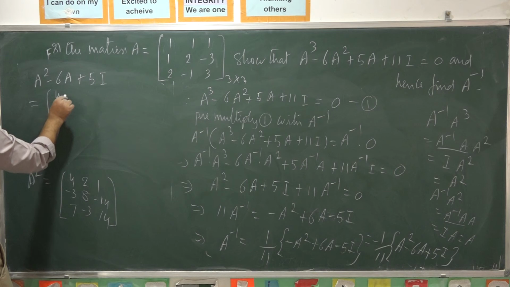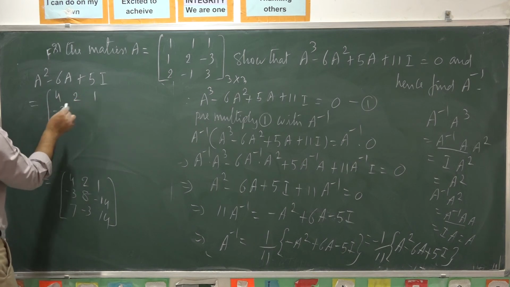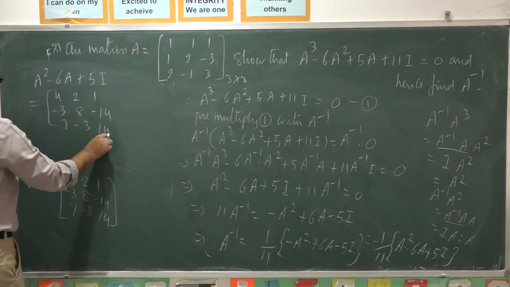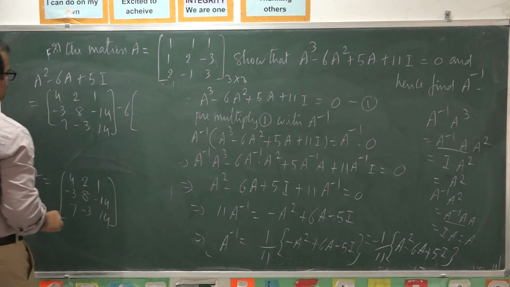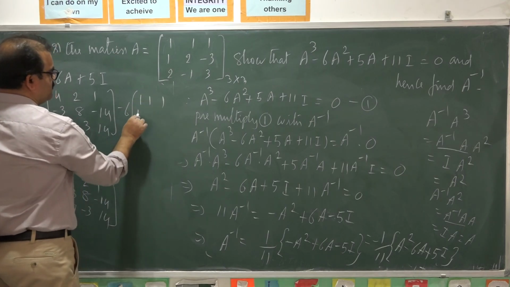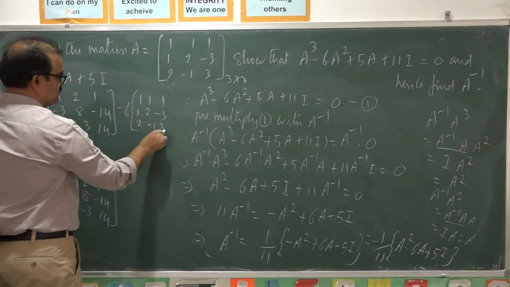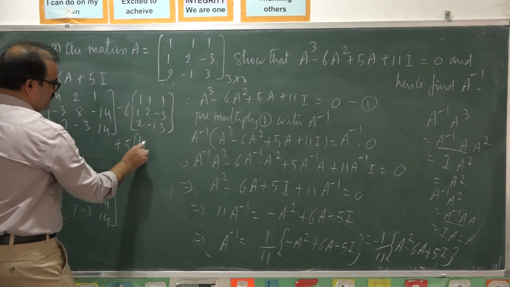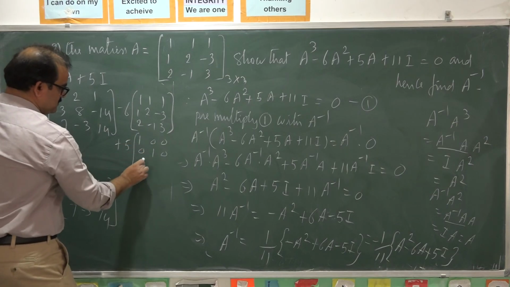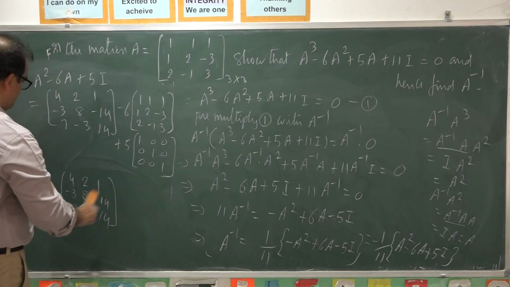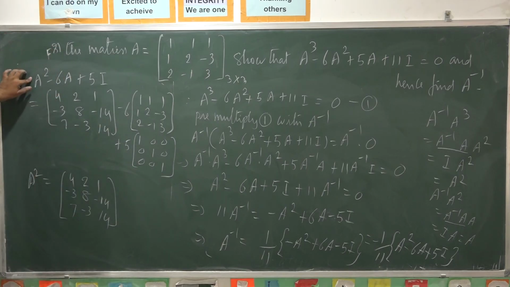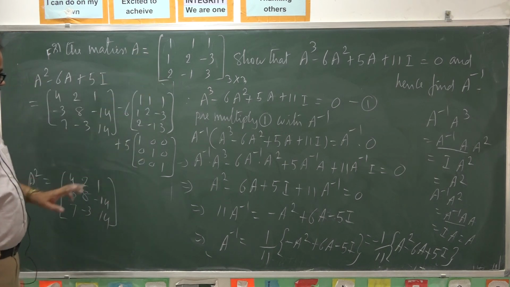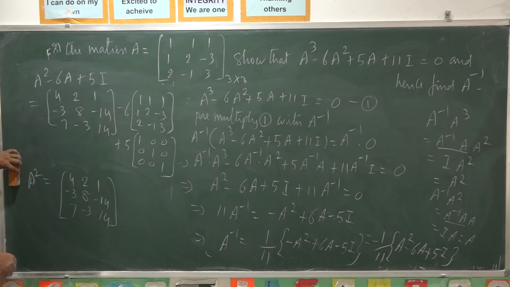A square 4, 2, 1, minus 3, 8, minus 14, 7, minus 3, 14, minus 6 into A value 1, 1, 1, 1, 2, minus 3, 2, minus 1, 3, plus 5I, 1, 0, 0, 0, 1, 0, 0, 0, 1. A square minus 6 into A plus 5 into I. Now calculate this value, simplify this.